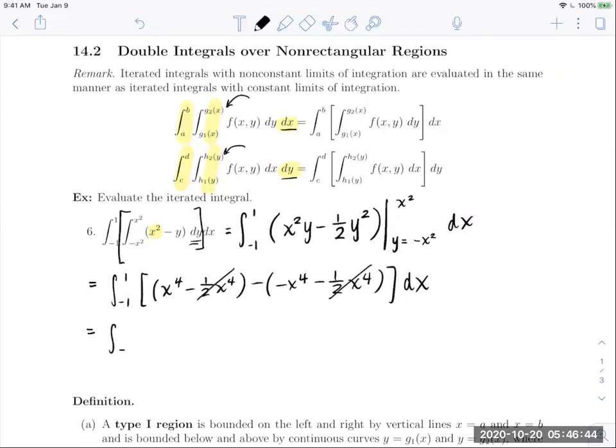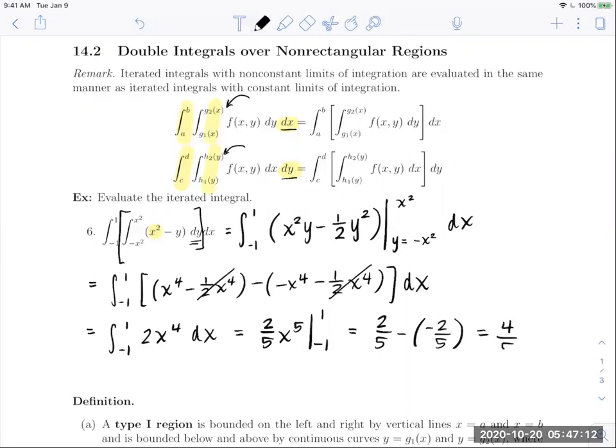And once I simplify, I have the resulting integral from -1 to 1 of 2x to the fourth dx. At this point, this is just a standard integral from Calc 1, and I'm going to integrate it accordingly. I have 2/5 x to the fifth from -1 to 1, which gives me 2/5 minus a -2/5 for a total of 4/5.